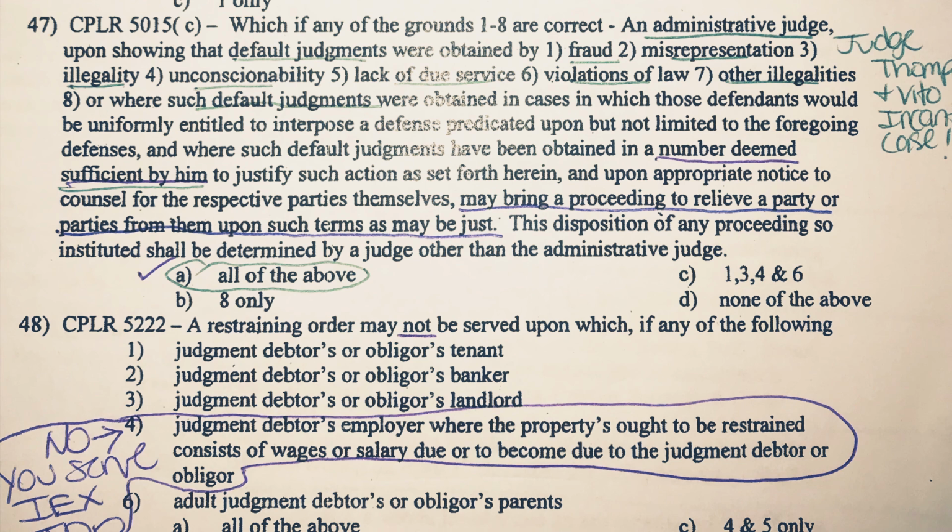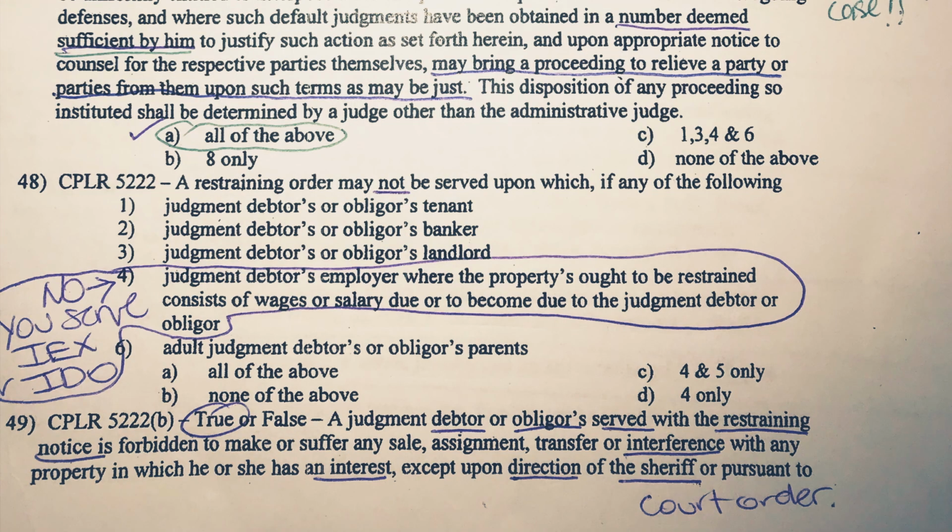The disposition of any proceeding shall be determined by a judge other than the administrative judge. And the administrative judge is actually the one bringing the proceeding. And it's all of the above. This is a great question. I don't know if they'll ask it, but it would be a good question to know, because you should know that an administrative judge has that power.